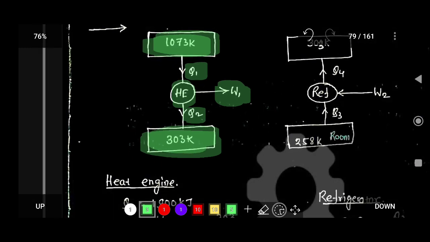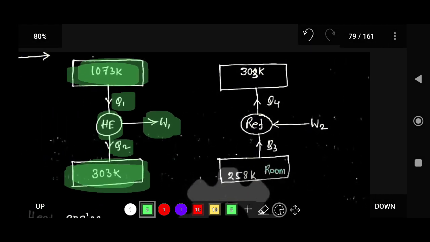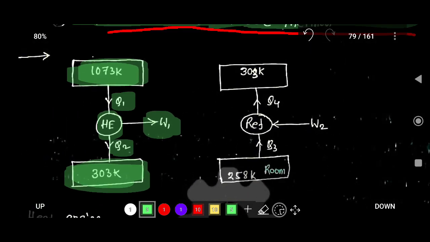Now there is another source and sink. This is the source, 303 Kelvin, and this is the sink, 258 Kelvin. In between these reservoirs there is a refrigerator.